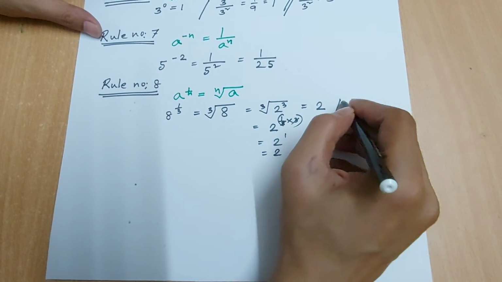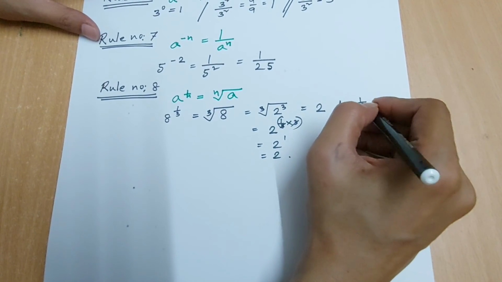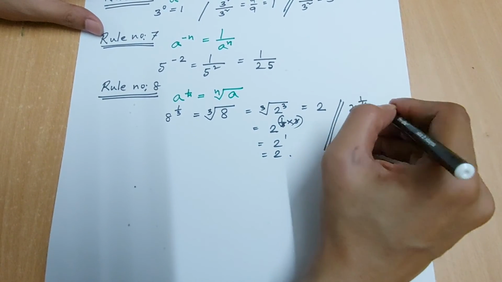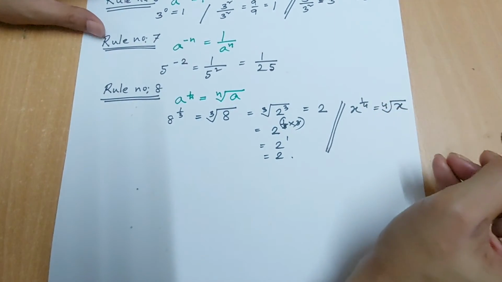Again I am showing, x power 1 by 4 equal to 4th root of x.